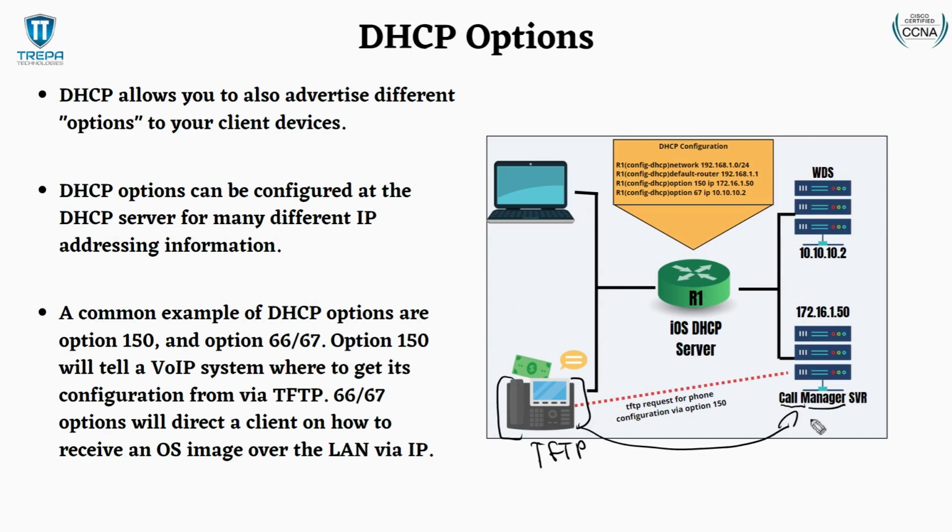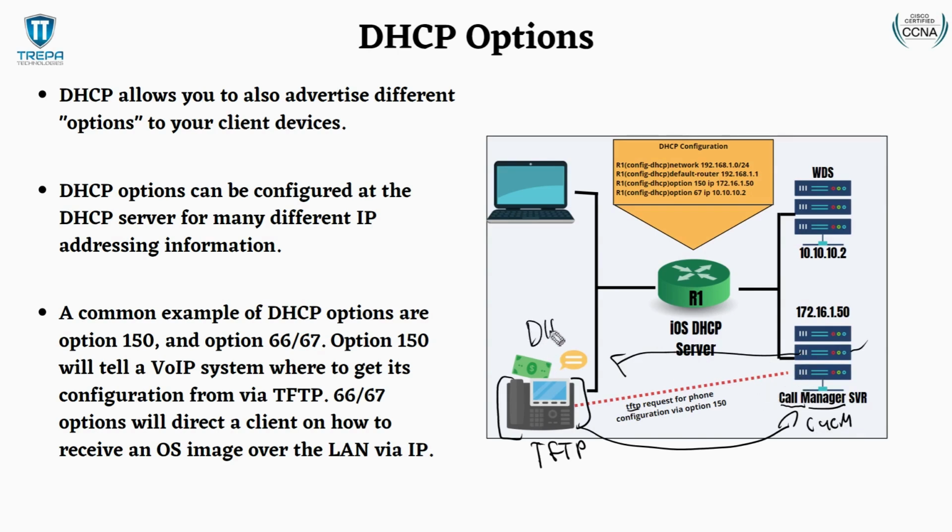So that's called a CUCM, Cisco Unified Call Manager server. And that server is going to have all the configuration files for that phone. They do that via MAC address. That's how they recognize the phones and by the model type and all that. It's going to be a profile essentially for that phone, right? Well, this phone needs to do a TFTP request to get its configuration from that call manager.